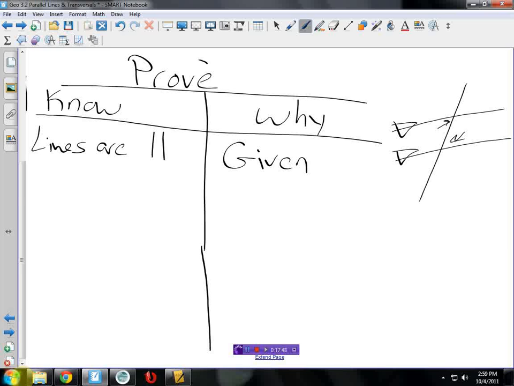Corresponding. Which one do you want to use corresponding with? Maybe I can call this angle A and B, if that helps us. Corresponding. So what spot's corresponding? B is corresponding to here, right? So I'll say angle B is congruent to angle C. How do we know that? Corresponding.